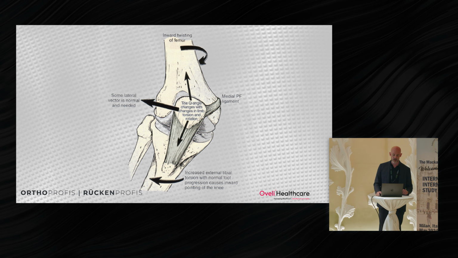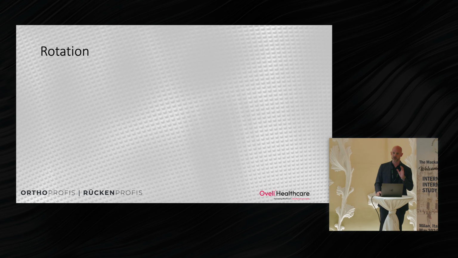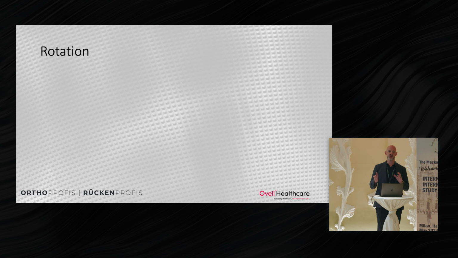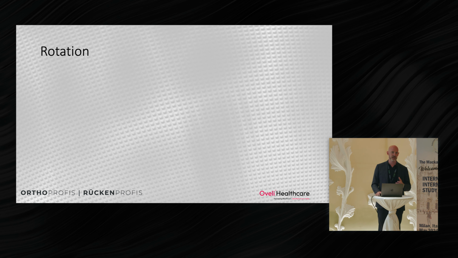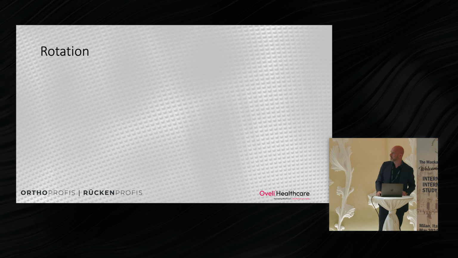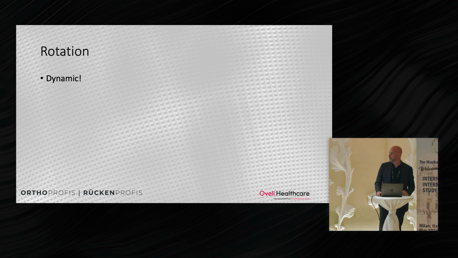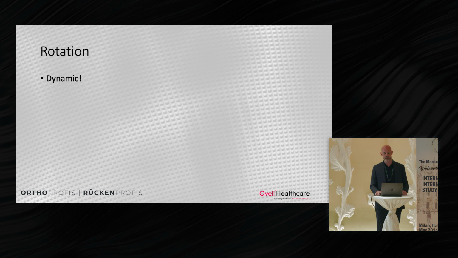Only to clarify, because rotation and torsion and version are somewhat interchangeable in the literature, and it gets a bit weird. The problem is that most of these terms are used as umbrella terms. So just to make it very clear, when we talk about planes, there is a rotation in one of them, and rotation is always dynamic.